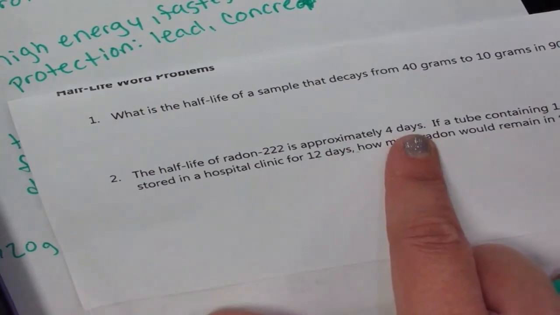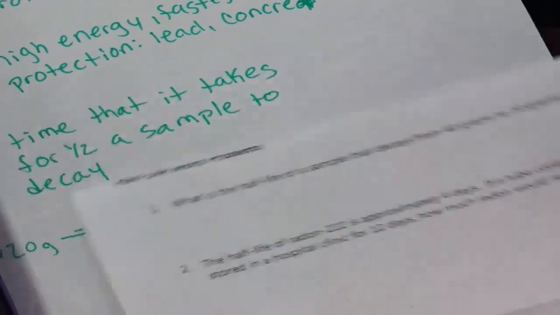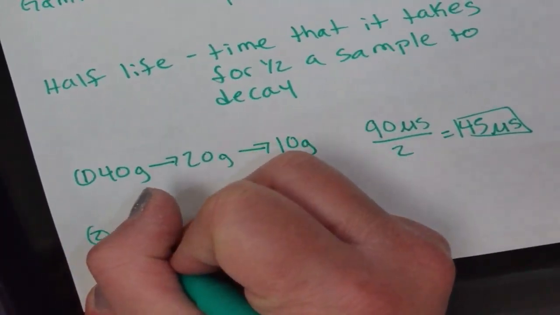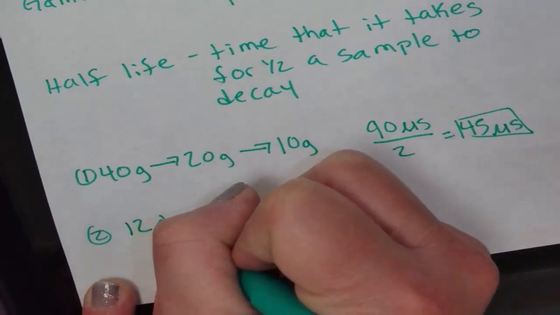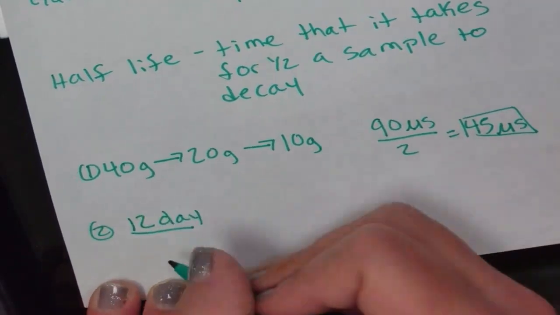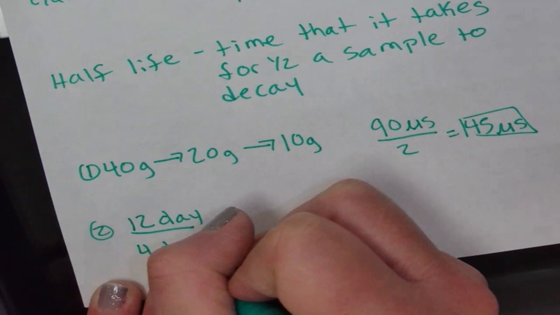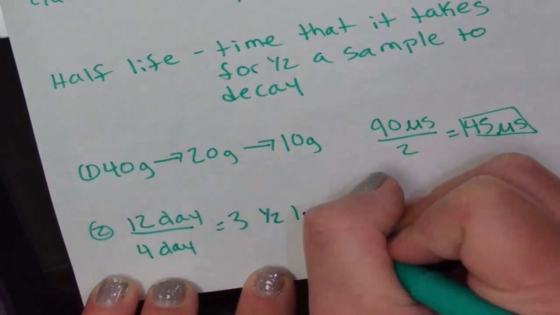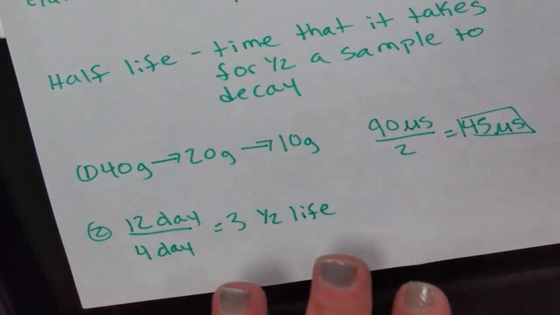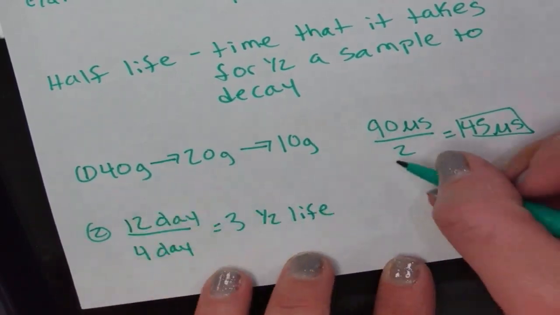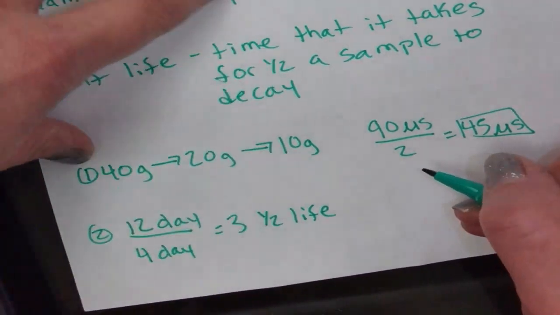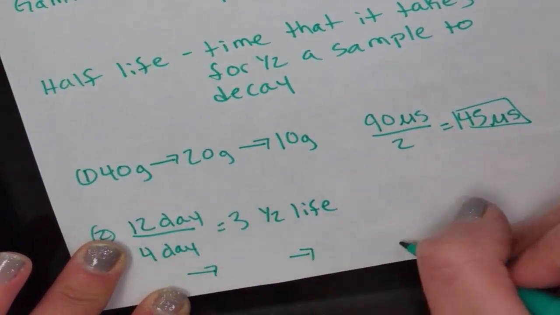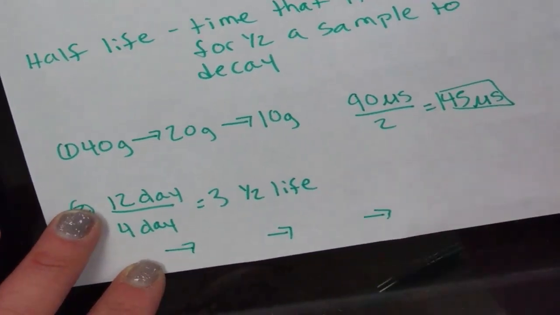So if the half-life is 4 days, and I have a total of 12 days, so 12 days divided by the half-life, which is 4 days, that means I have a total of 3 half-lives. If each arrow is a half-life, how many arrows do I need? I need 1, 2, 3 arrows.